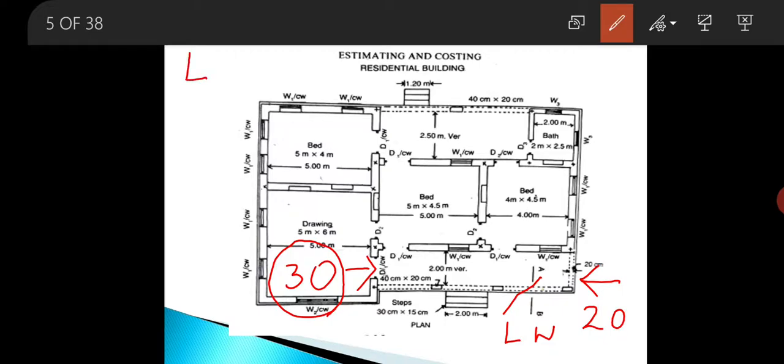Therefore, to get the total length of the long wall of the front veranda, from the center to center length we have to subtract half of the excavation width on one side, that is for the 30 centimeter wall.